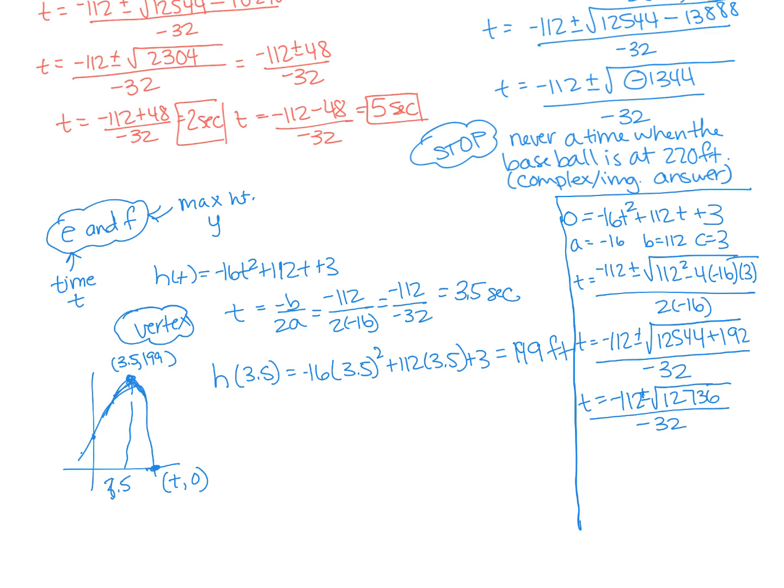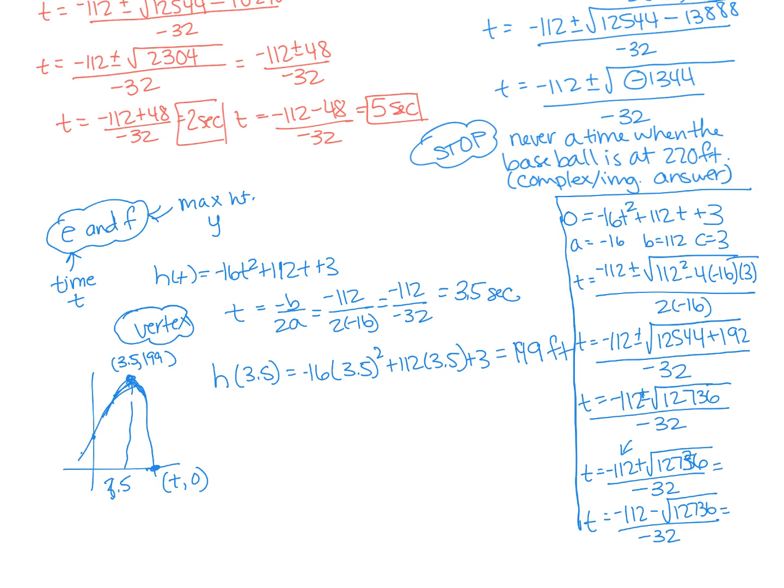So I want to put that into my calculator. One of my answers is going to be negative 112 plus that square root, 12,736, all over negative 32. And the other answer is going to be when I subtract it, negative 112 minus this square root, all over negative 32. I have the answers sitting here to the side.